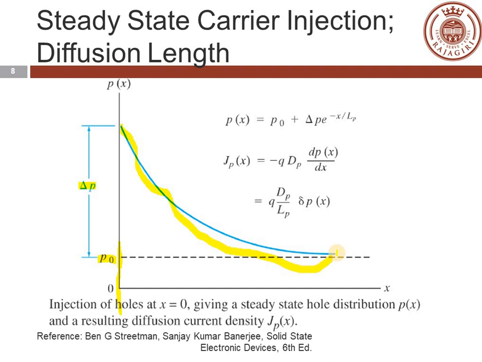You won't be having any excess carriers. So to tell about the instantaneous value of the excess carriers, we will use the term small delta p of x, and for the excess carriers' initial value we will use the term capital delta P.